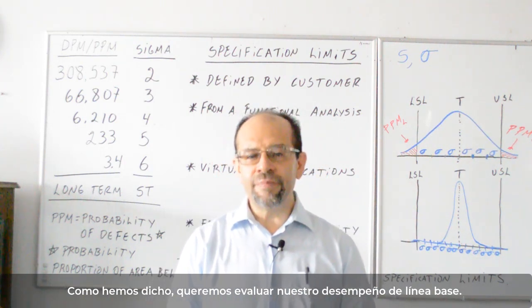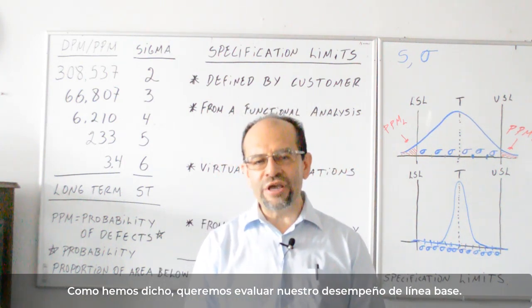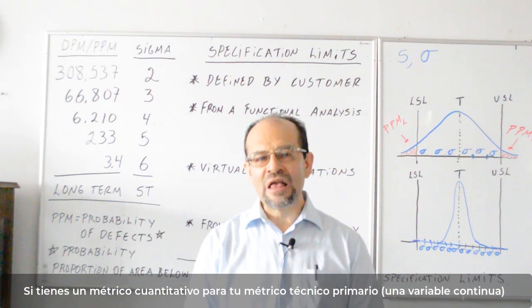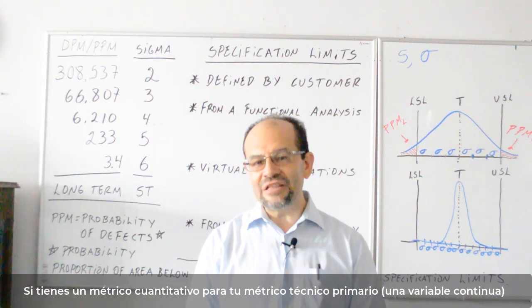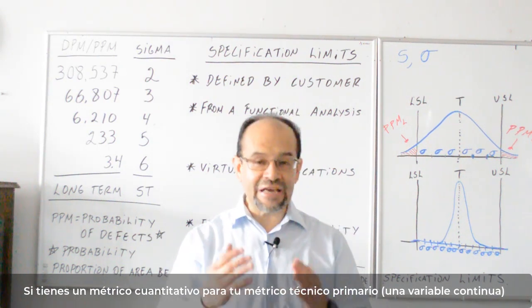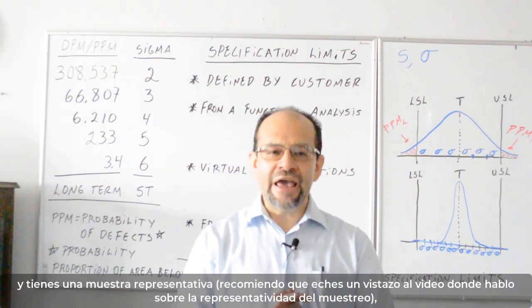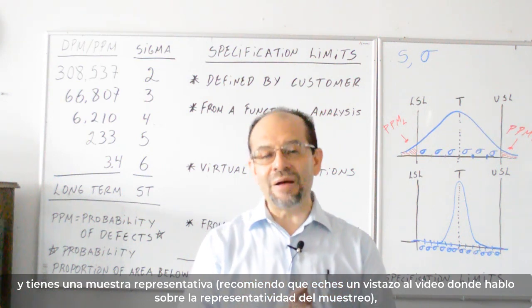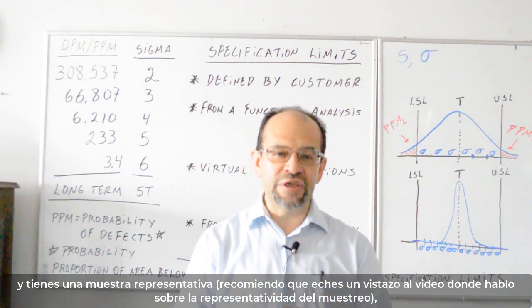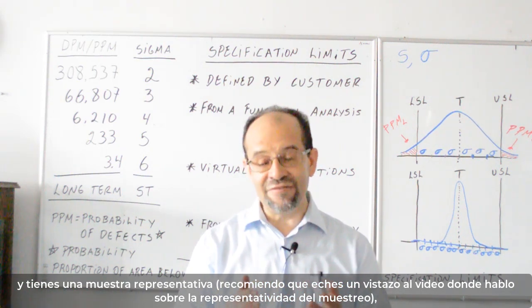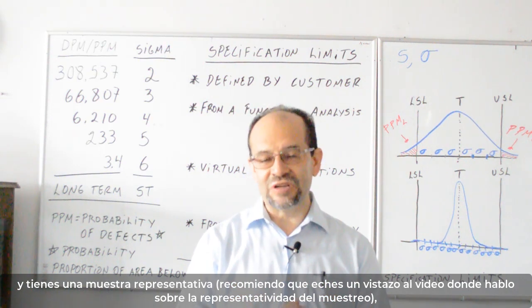So as I have said, we want to evaluate our baseline performance. If you have a quantitative metric for your technical primary metric, a continuous variable, and you have a representative sample, I recommend you take a look at the video that I made about representativeness of a sample.